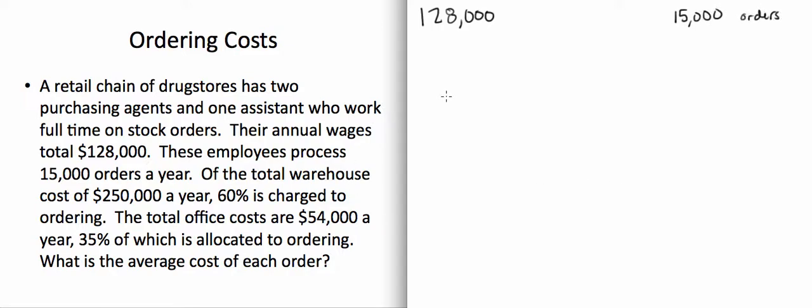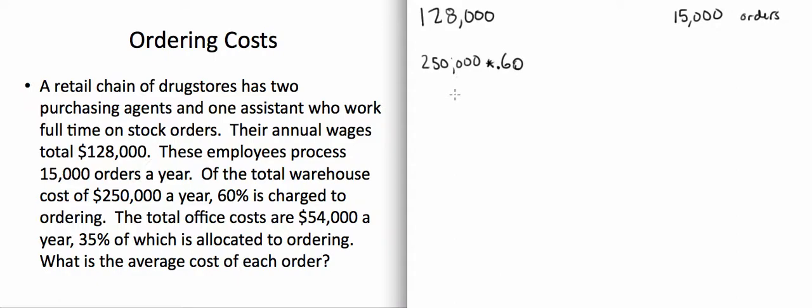All right. The total warehouse cost is $250,000. 60% of that total cost is charged to warehouse. So we've got 250,000, and we're going to multiply that by 60%, so that's 0.60.